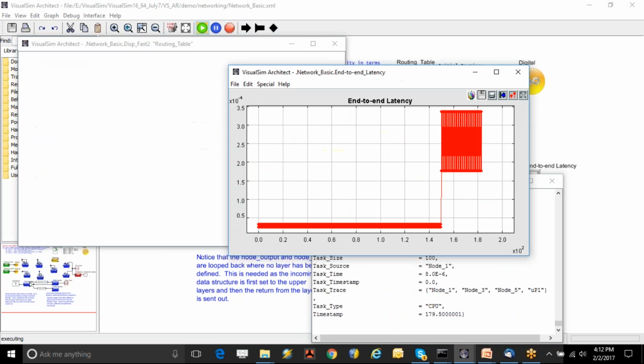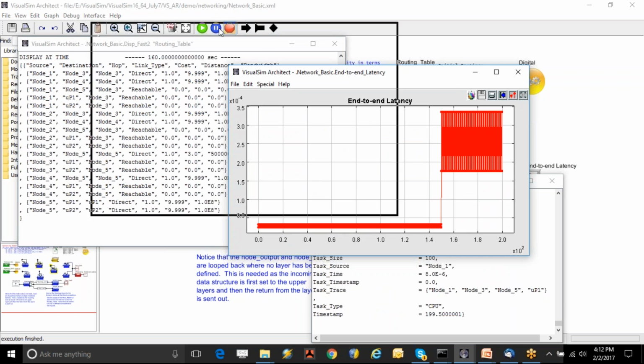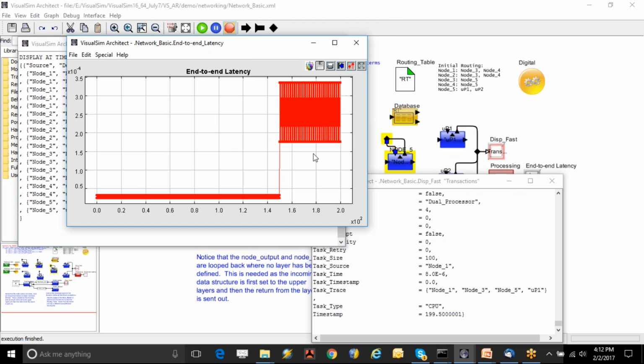When I run the model, you can see that adding a particular additional link is causing an increase in latency as well. So you may not really need that additional link, or the link processing is too high, and because of that the end-to-end latency went up all the way from 0.5 milliseconds to about 3 milliseconds.